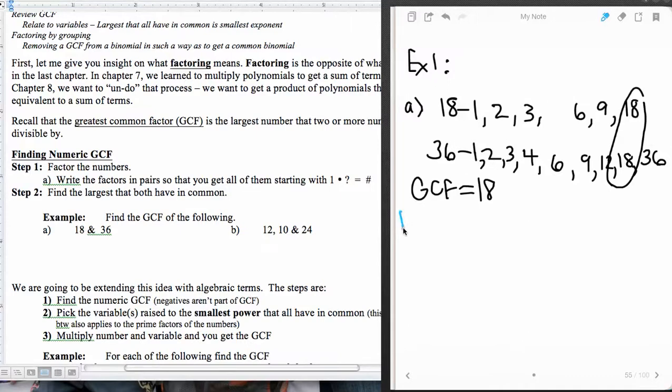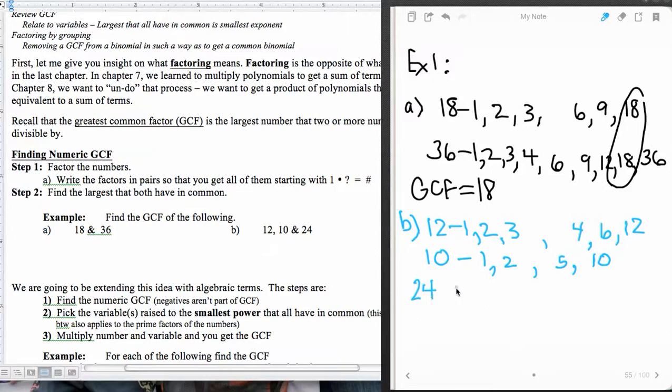So now we're going to do more than two numbers, but the process remains the same. So 12, I say, oh, well, 12 is 1 times 12, or it's 2 times 6, or it's 3 times 4. And you see I've met myself in the middle. And now I'll do the same thing for 10. So 10, we have 1 times 10, and then 2 times 5, and then 3, no, 4, no, so I've met myself in the middle, so I know I'm done.